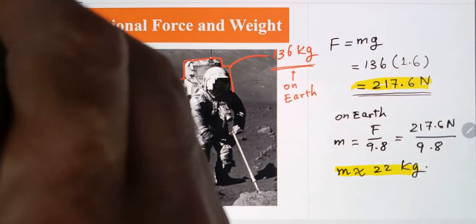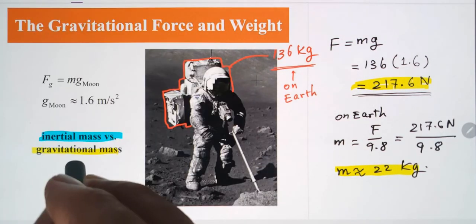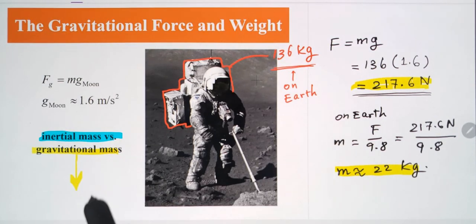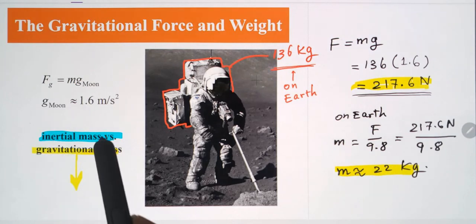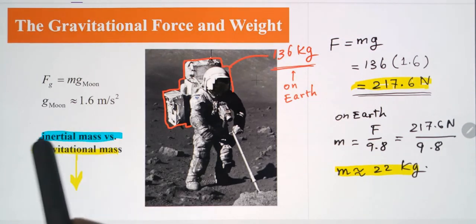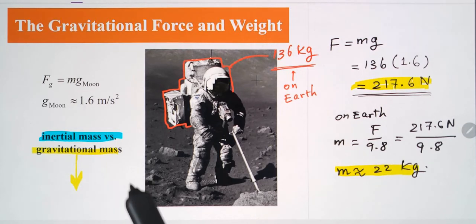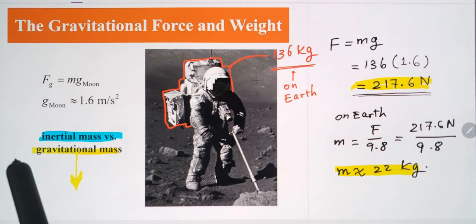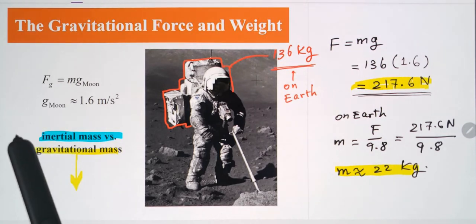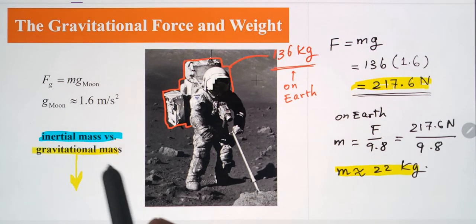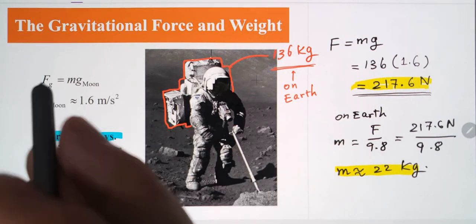Gravitational, it's like this. That's gravitational mass. Inertial mass, well, if the astronaut wants to move forward or backward, to the left or to the right, he will need to put a lot of force, because at the end of the day, still F equals ma.